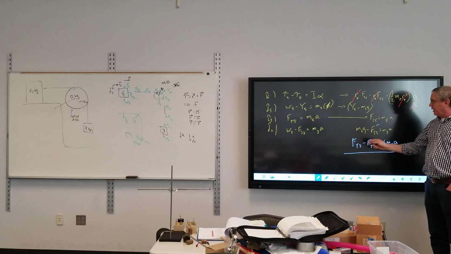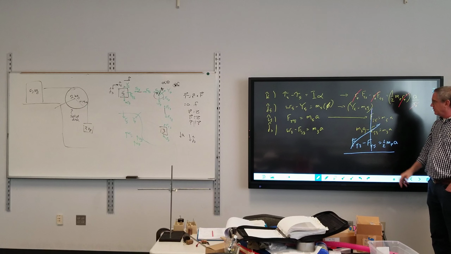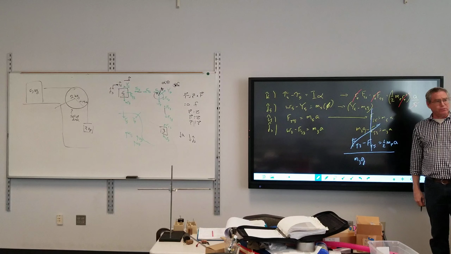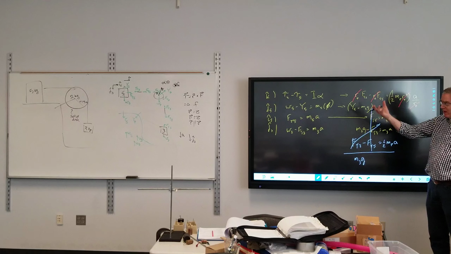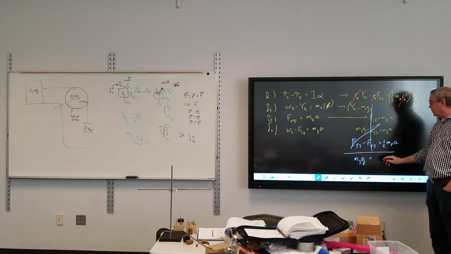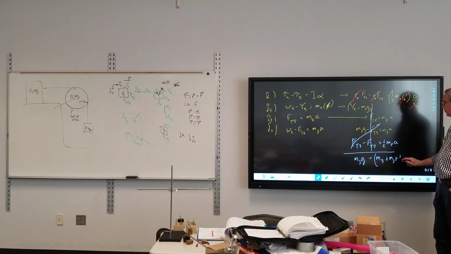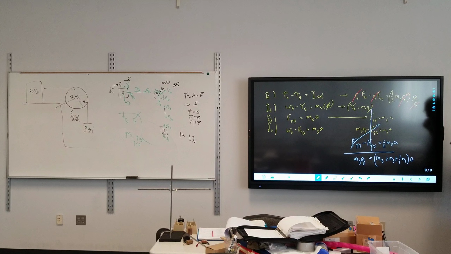Hey, the ft3's cancel out. The ft5's cancel out. And I have m3g, which is basically the force driving the whole system, the weight of mass 3 that's dangling there, equal to mass 5 times A plus mass 3 times A plus 1/2 times the mass of the pulley times A. If we were dealing with an ideal pulley, an ideal rope, and there's no friction acting between them, then that term would disappear.